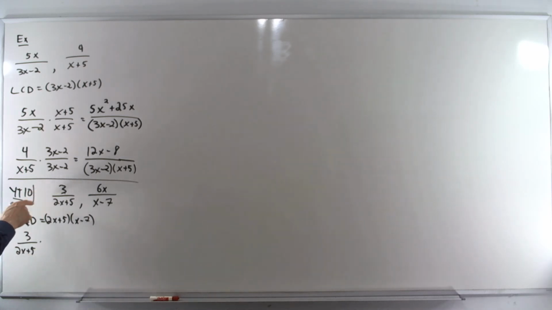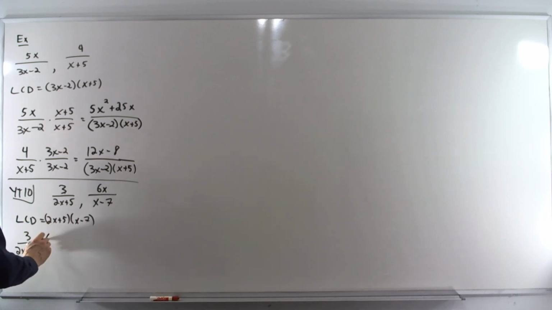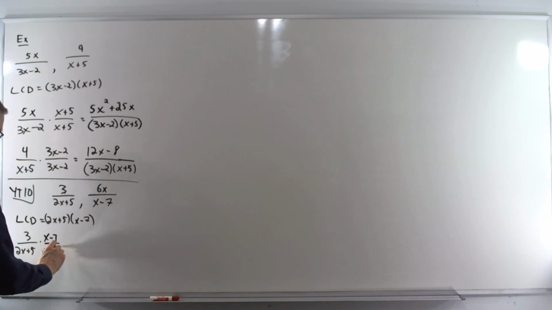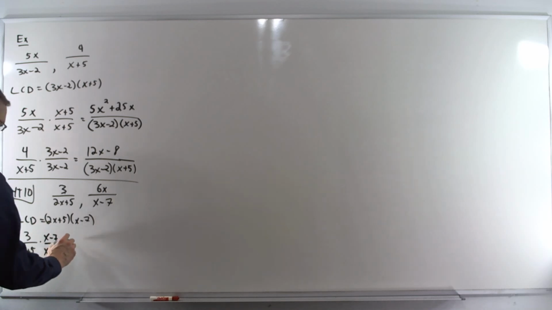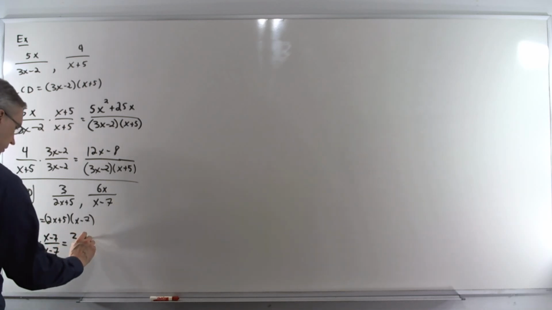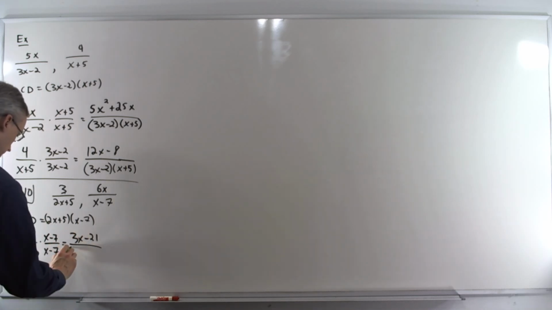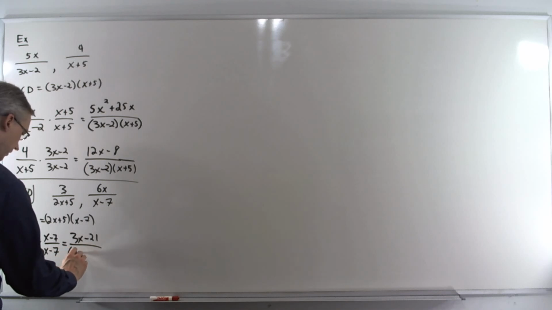So first fraction, 3 over 2x plus 5. All right, we've got that binomial. We're missing x minus 7. So we're going to multiply this by x minus 7 over x minus 7. Distributing 3 into x minus 7, we get 3x minus 21. And then leave that denominator in factored form.